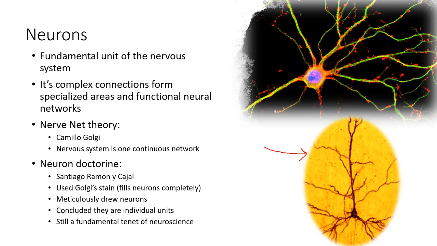So he disagreed with Camillo Golgi, but they both ended up sharing the Nobel Prize in Physiology and Medicine in 1906. Even though the neuron doctrine still is the fundamental tenet of neuroscience to this day, Camillo Golgi stood by his nerve net theory. He was a very, very stubborn neuroscientist.